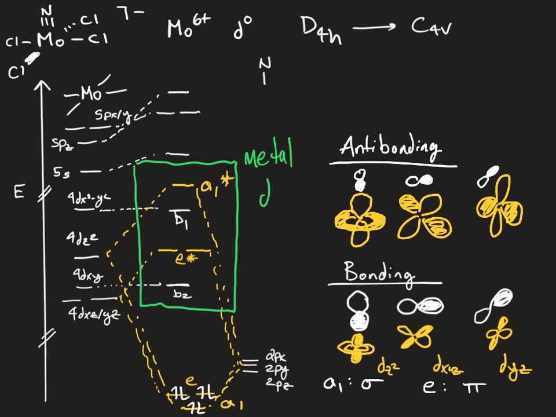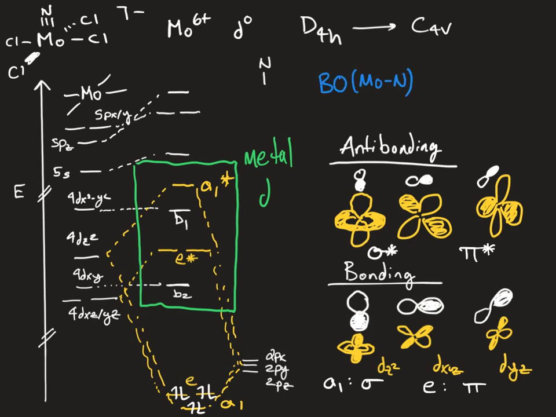If you notice, this is an antibonding sigma star, while these two orbitals here from the dxz and the dyz make up our pi star orbitals.